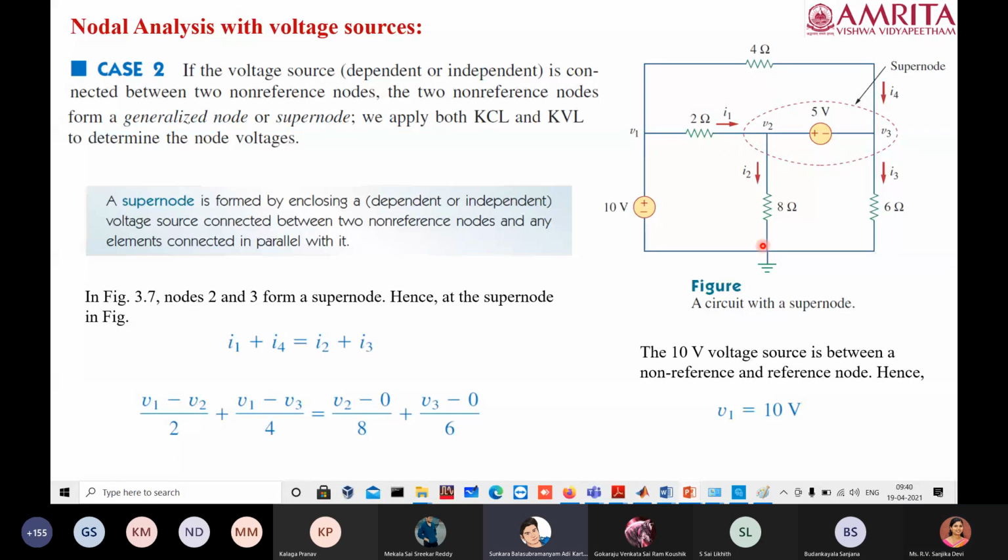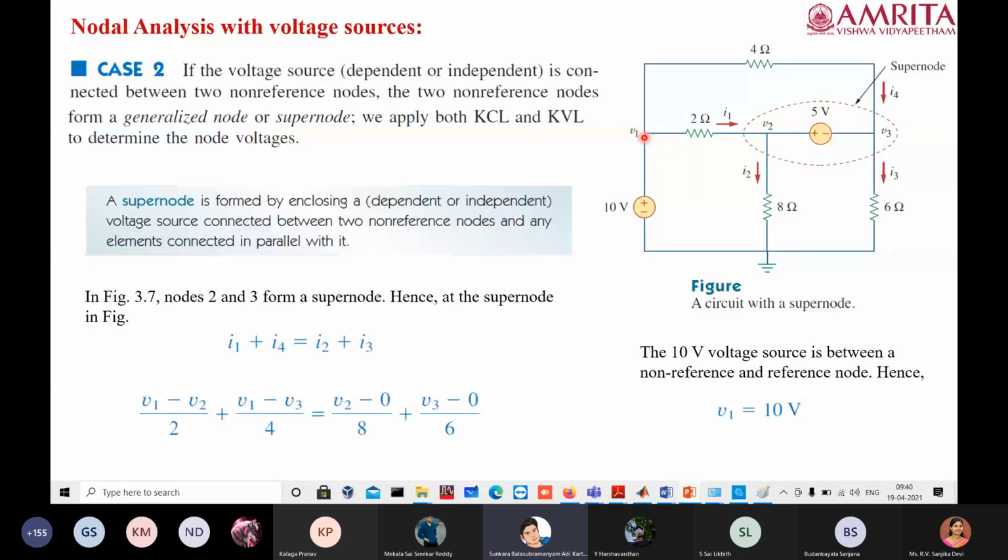Maybe we should write V1 minus 10 by 0? There is no resistance, so how will you write V1 minus 10 by 0? When two sources are given, we write V1 minus some x by the resistor.